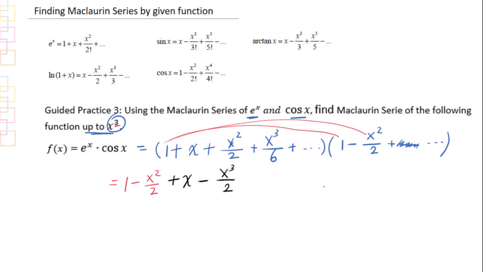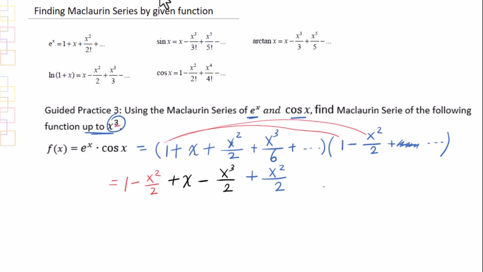Then we go to x squared over 2 times 1 minus x squared over 2 separately, plus x squared over 2. x squared over 2 times x squared over 2, the exponent of x is 4, so we skip this term.